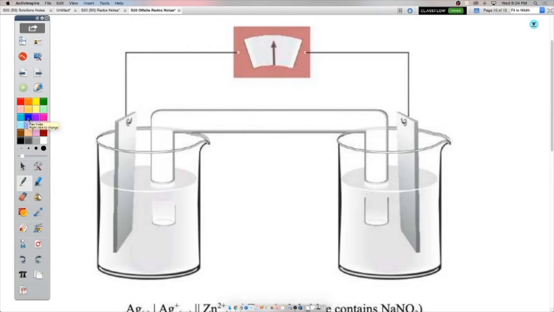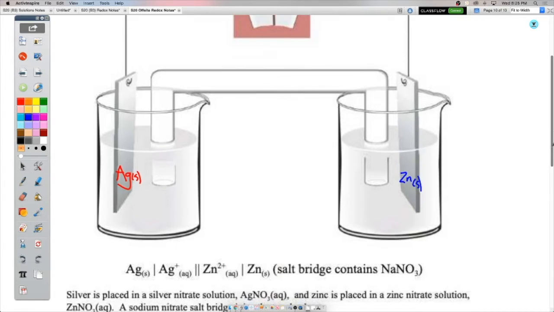So let's go ahead and make this one silver. So that piece of metal is going to be made of silver, Ag solid, right? Which makes this one, if this is the silver side, we'll make this side zinc, solid zinc. So it's like mine that I made for you, except instead of copper, it's silver, okay?